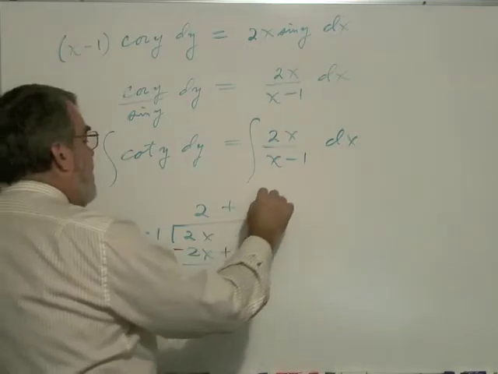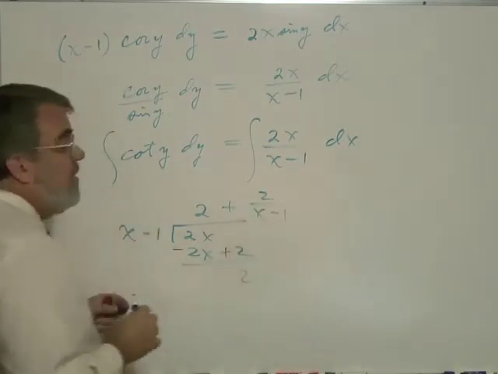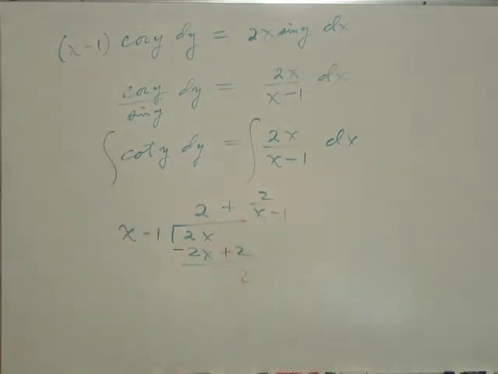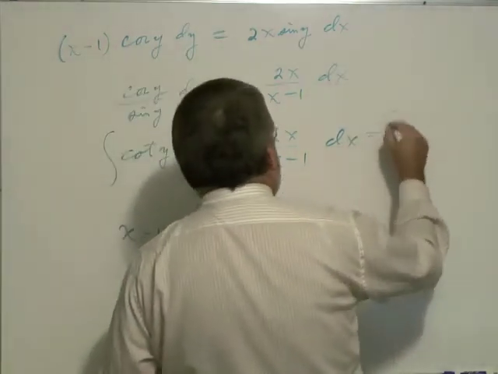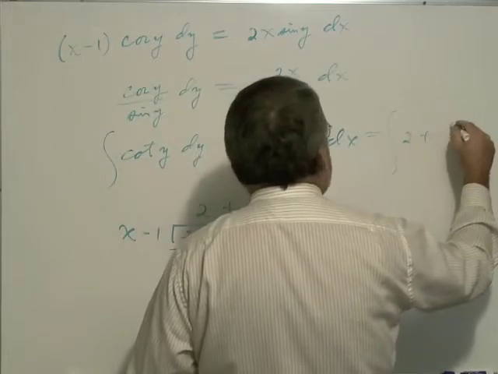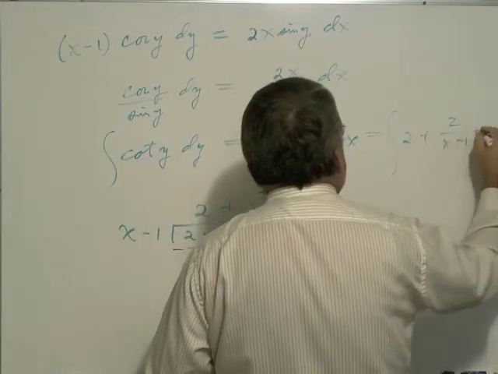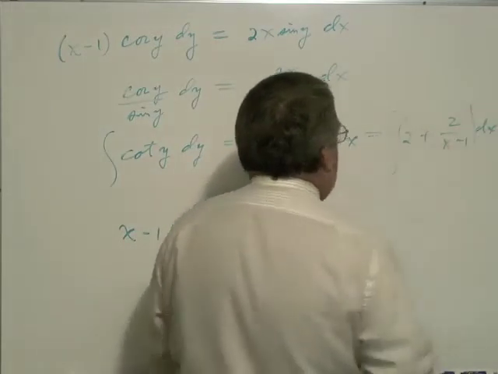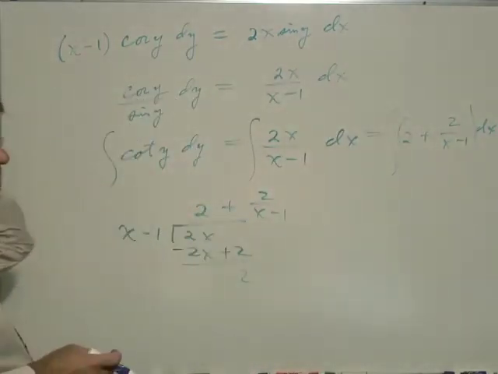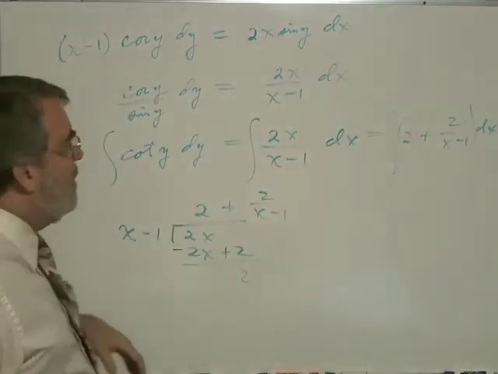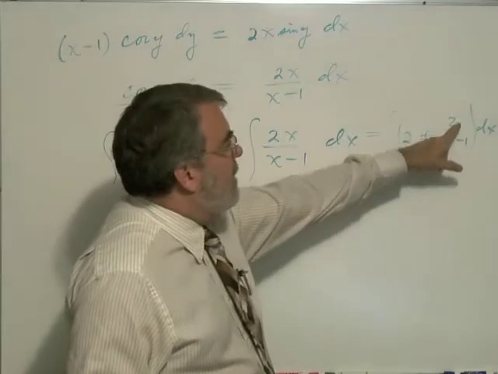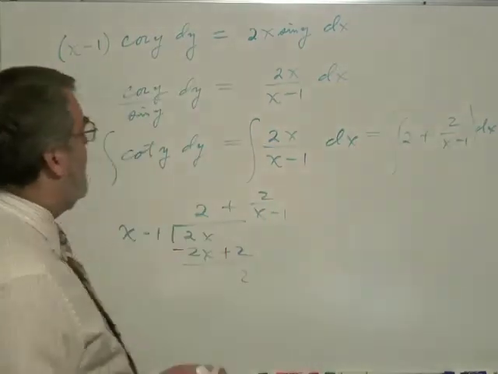So this is plus 2 over x minus 1. That's one thing we could do. So we could rewrite this as the integral of 2 plus 2 over x minus 1 dx. And to me that looks easier, because I can integrate 2, and I can integrate this and get a logarithm.